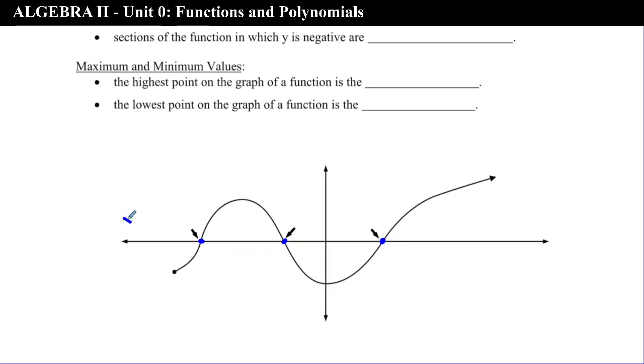So we have an x-intercept here, and you have x-intercepts here. This graph also has a y-intercept, and that can be found along the y-axis right here. So let's go ahead and put a little arrow on that, and let's label it as our y-intercept.